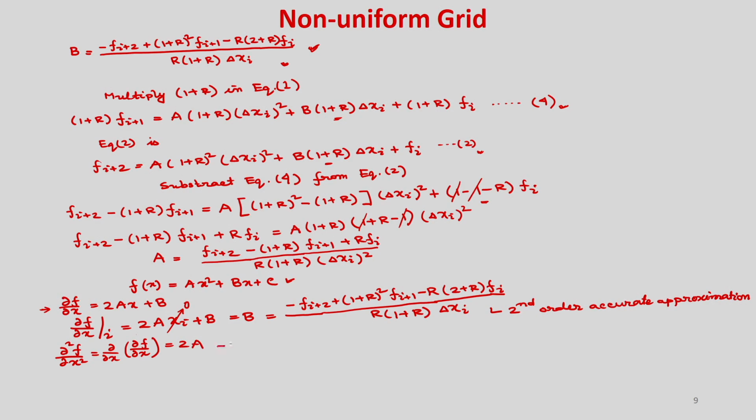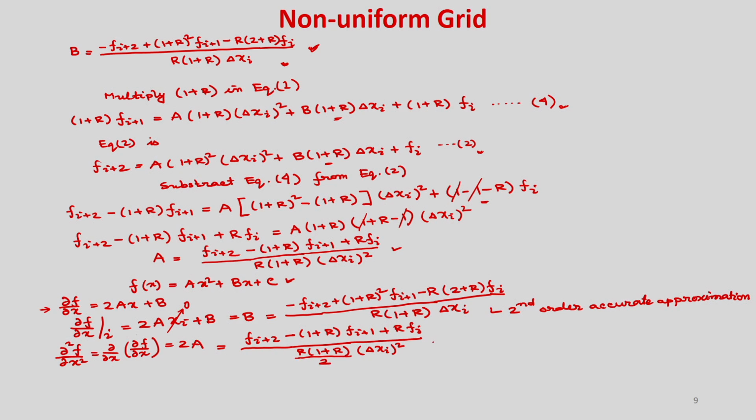So, now you can see that you know what is the value. So, a will be f(i+2) minus (1 plus r) f(i+1) plus r fi, divided by r into (1 plus r) into delta xi square, and we have 2. So, 2 you can take here, okay, divided by 2.